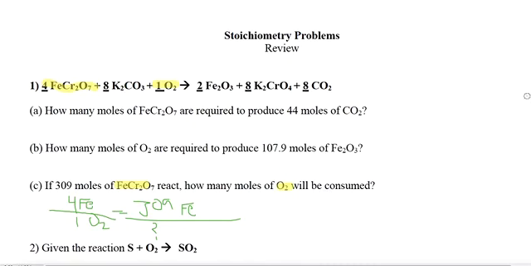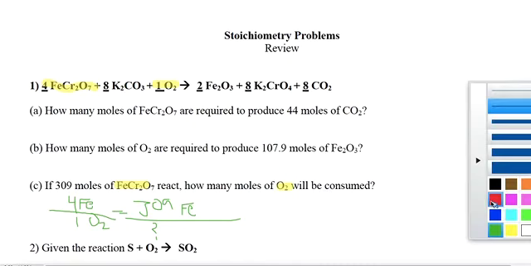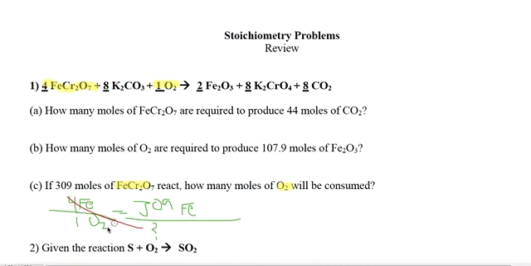So again, cross multiply. Let's do it. Again, this is x when we cross multiply the little question mark. So we should get 4x equals 309.